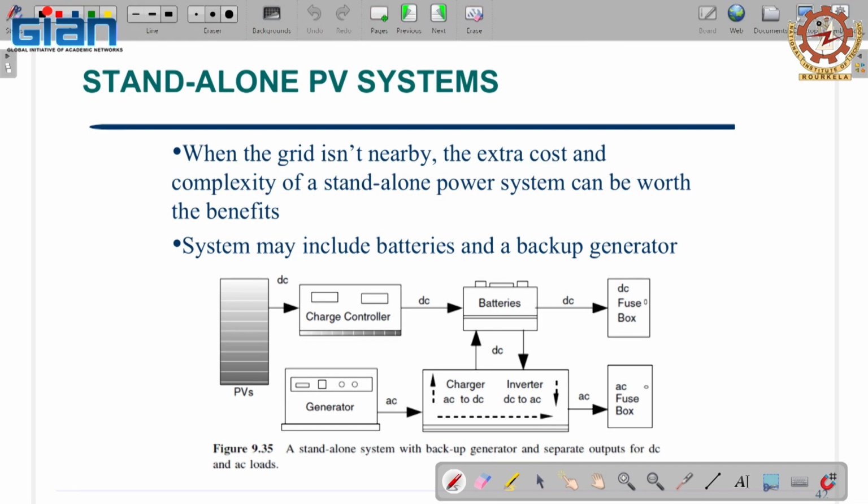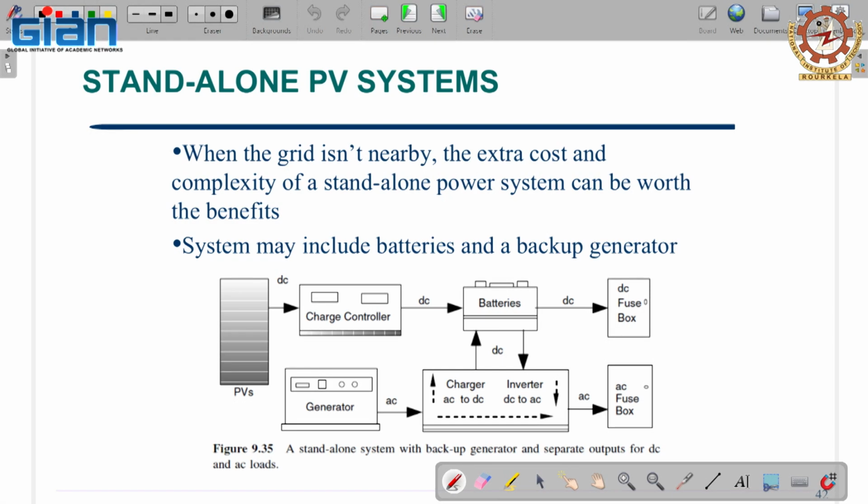Now we talk about the standalone isolated PV system. When we are talking about the isolated PV system, technically it will be more complex.